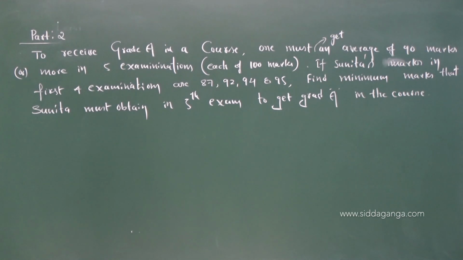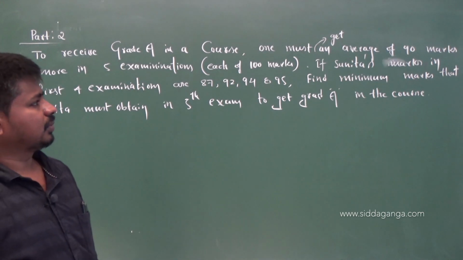If Sunita's marks in the first 4 examinations are given, find the minimum marks that Sunita must obtain in the 5th exam to get grade A in the course.